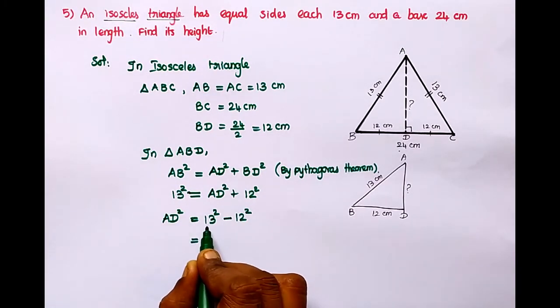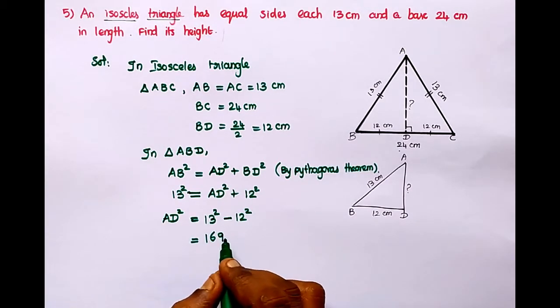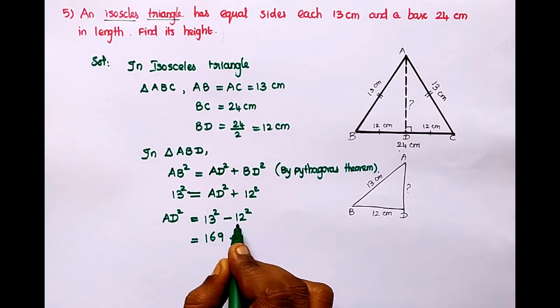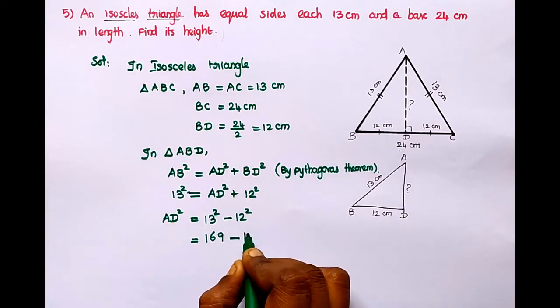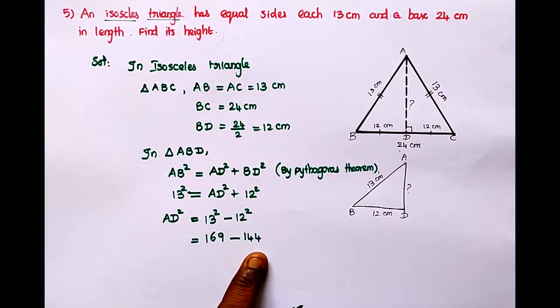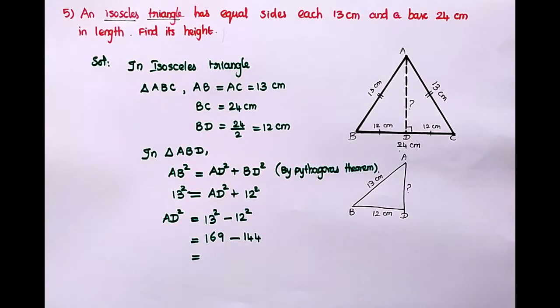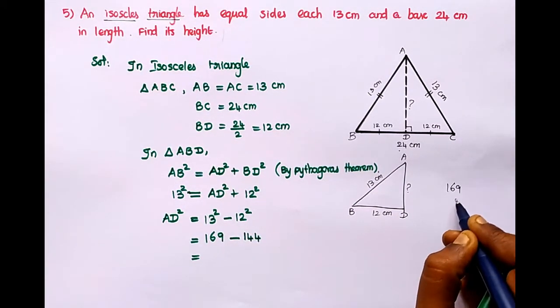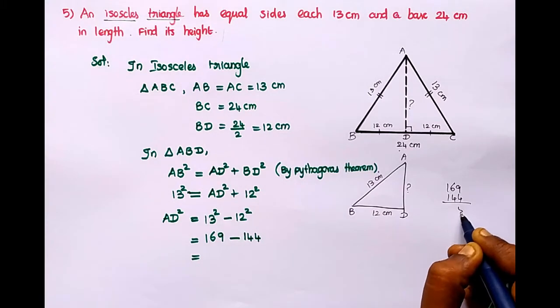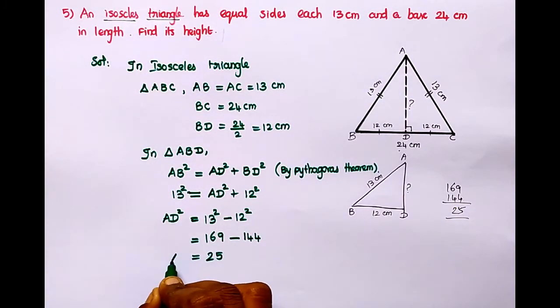Now 13 squared, that is how much? 169. 13 into 13, 169, minus 12 squared, 144. 12 into 12, 144. Minus means subtract this one, we get 25. So AD squared is 25.